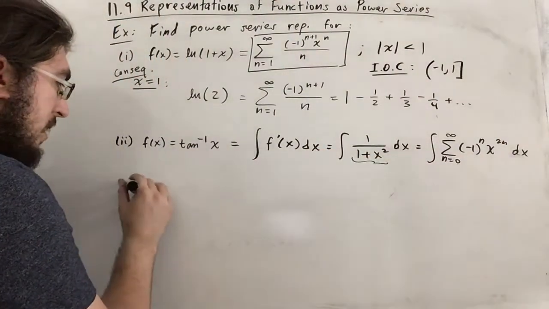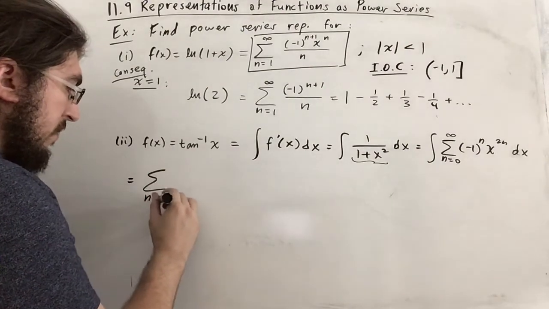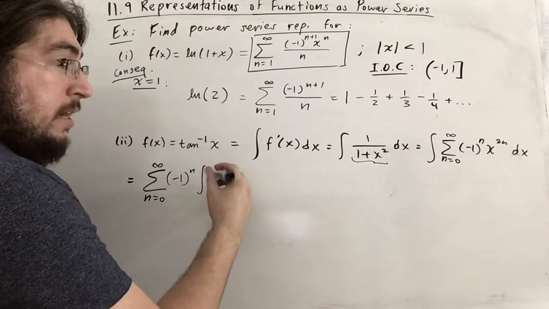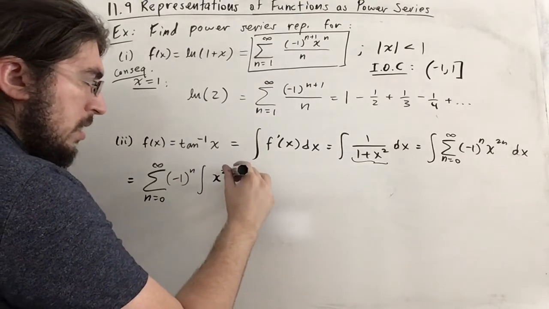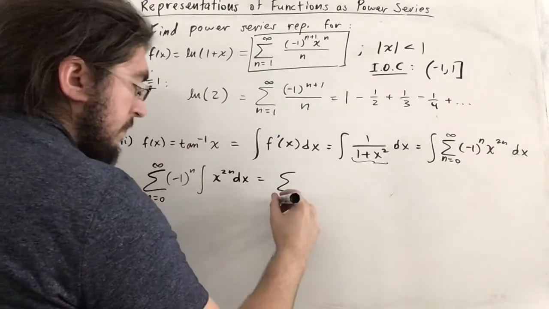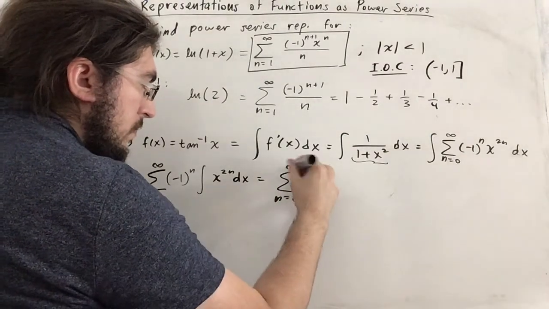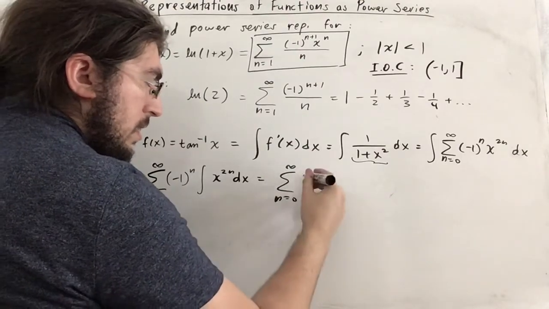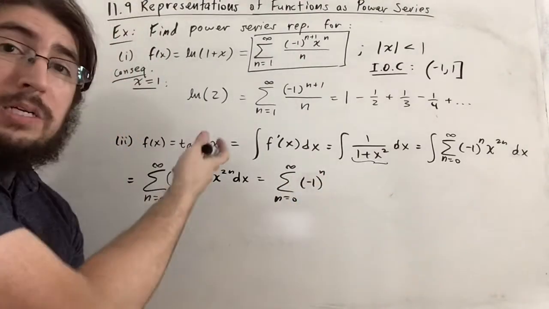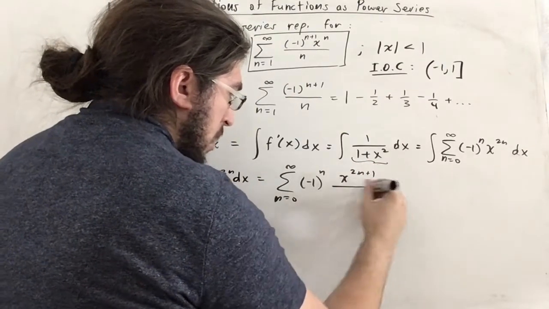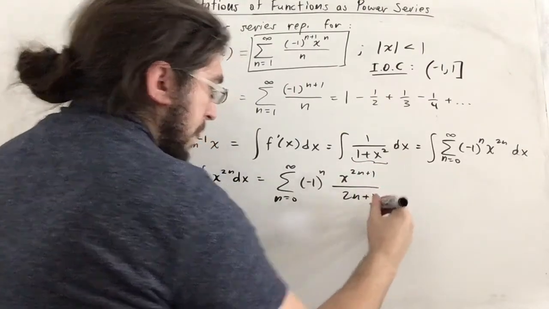So really what we get is the sum from n equals 0 to infinity of negative 1 to the n, integral of x to the 2n dx, and the antiderivative of x to the 2n is, wait for it, add 1 to the power, divide by that new power. So x to the 2n plus 1 over 2n plus 1.